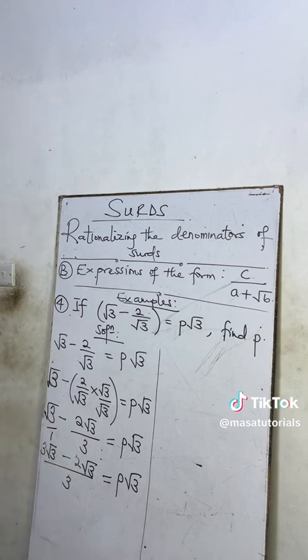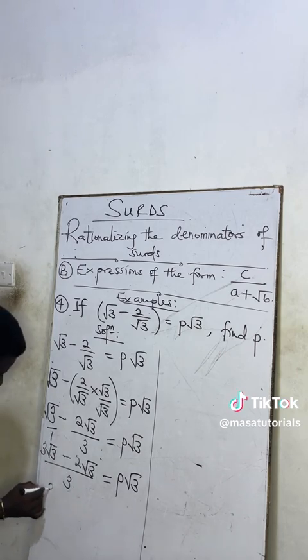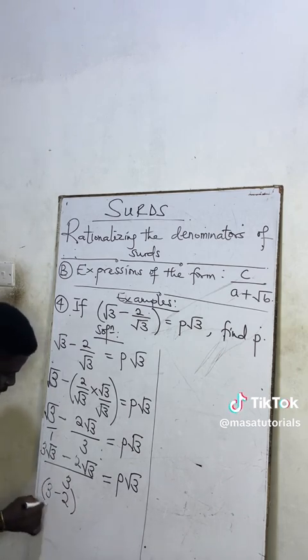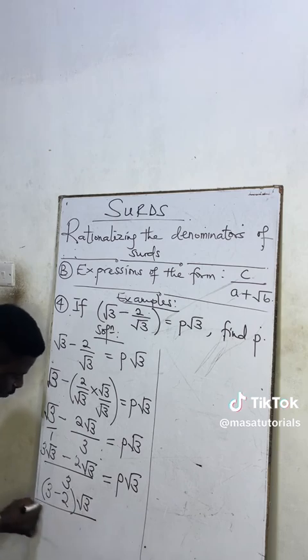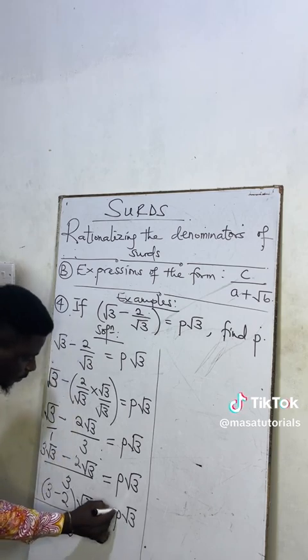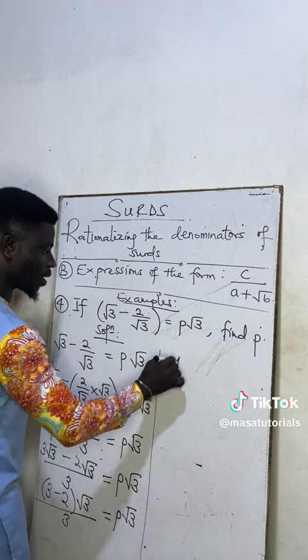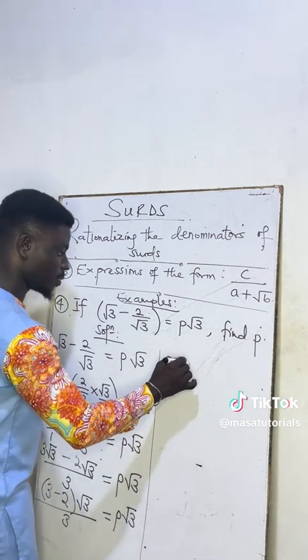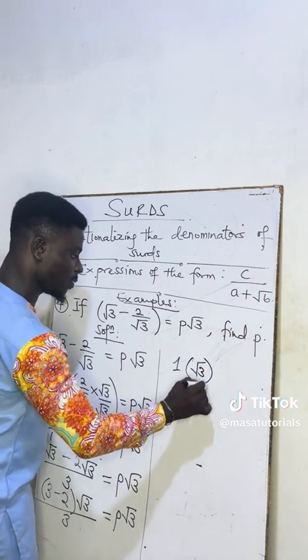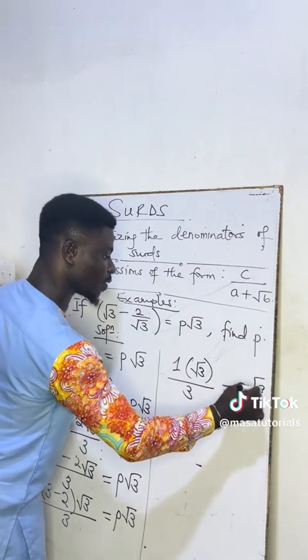Alright. So now, they are like sets. Square root of 3, square root of 3. You can subtract their coefficients. So that will be 3 minus 2, then square root of 3 over 3 equals P square root of 3. 3 minus 2 is 1. So we have 1 times square root of 3 over 3 equals P square root of 3.